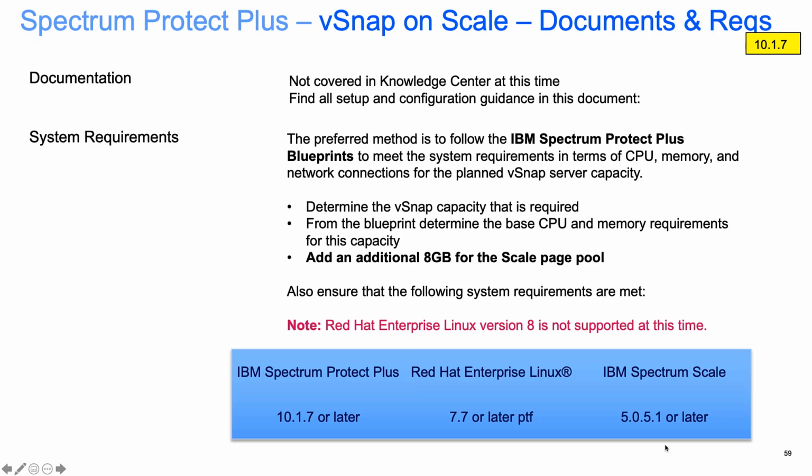We do recommend that you add an extra 8 gig for the scale paging pool, and also note that there are some requirements for the versions of Linux that you use to host the vSnap: Red Hat Enterprise Linux version 7.7 or later, and IBM Spectrum Scale version 5.0.5.1 or later. Note that at the moment, Red Hat Enterprise Linux version 8 is not supported.